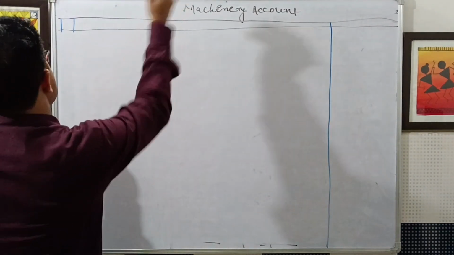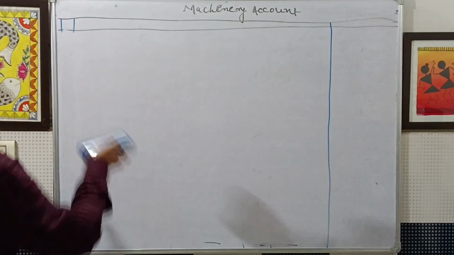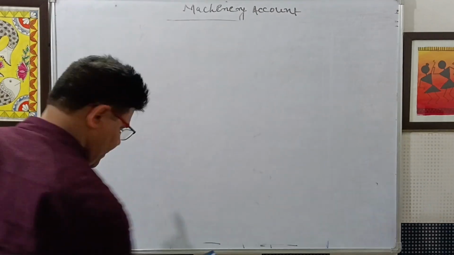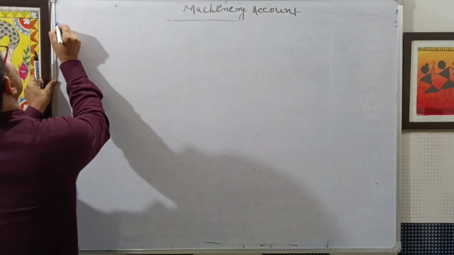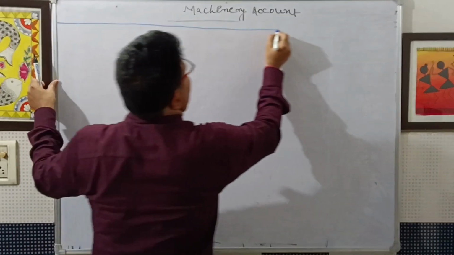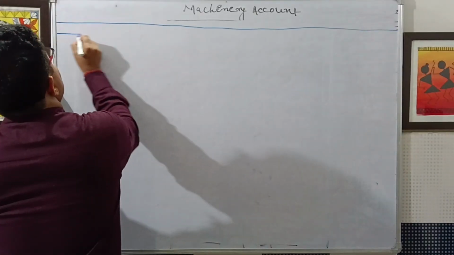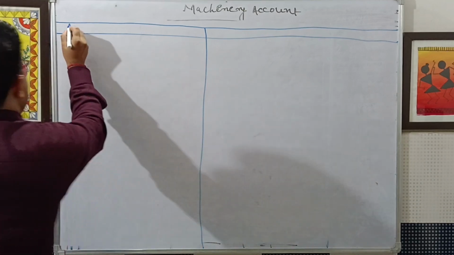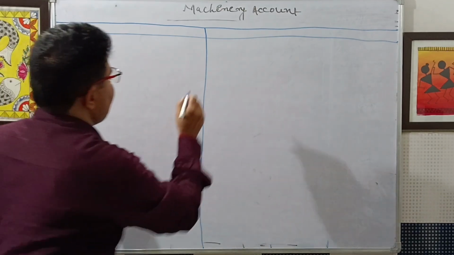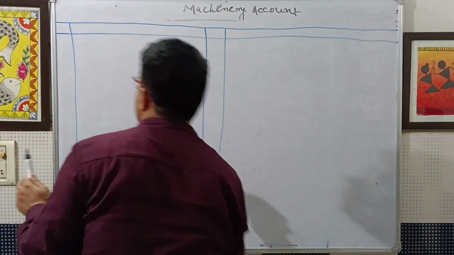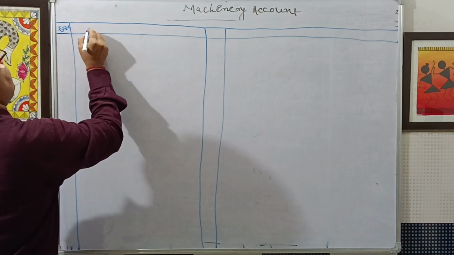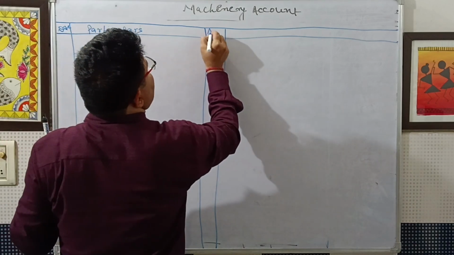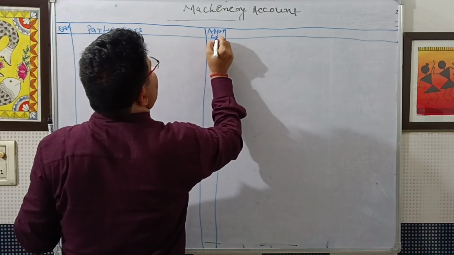This is a format of machinery account. Date, particulars, amount, rupees.